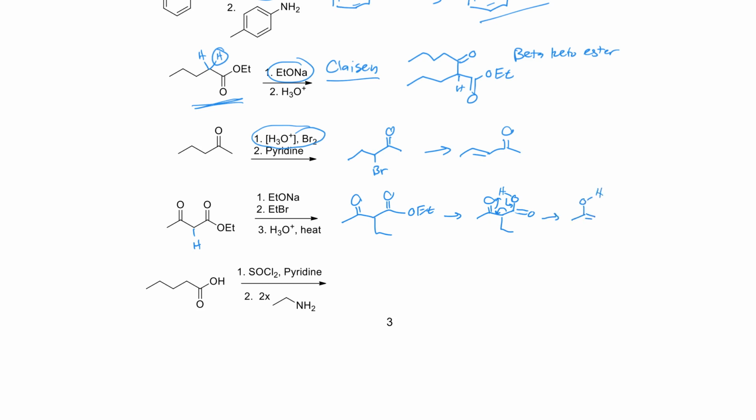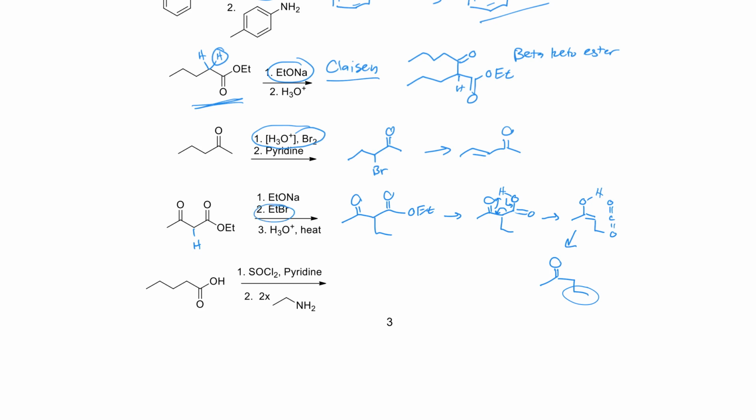And so my intermediate here looks like this. There's CO2. And then this can equilibrate, of course, to that compound. And the end result is that we've added an ethyl group, or any alkyl group that we want, to acetone.